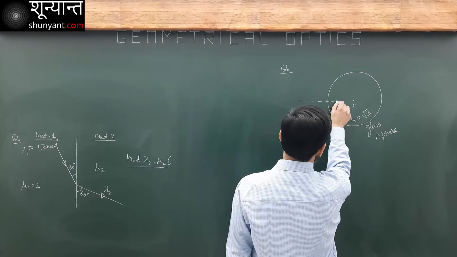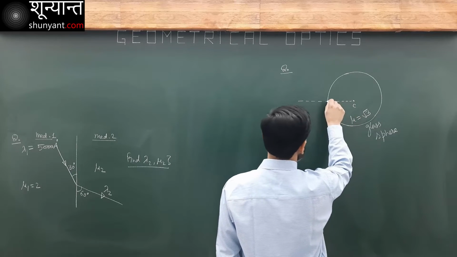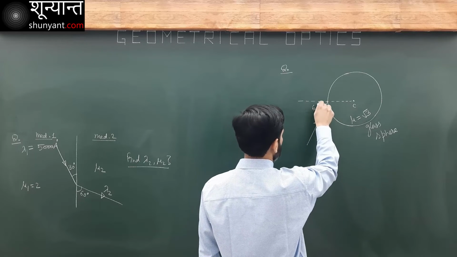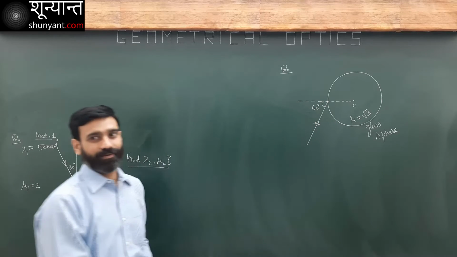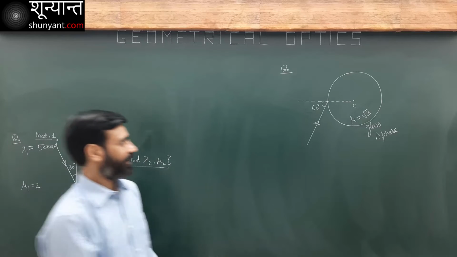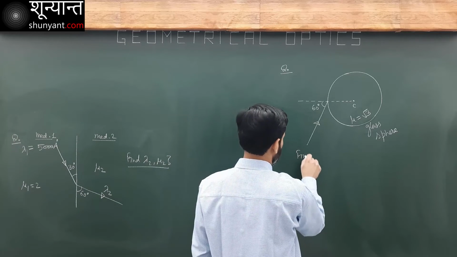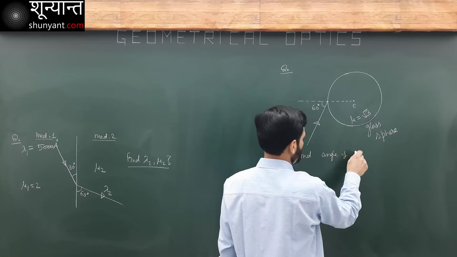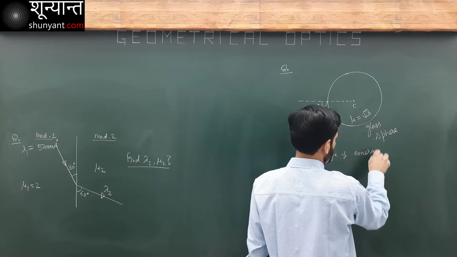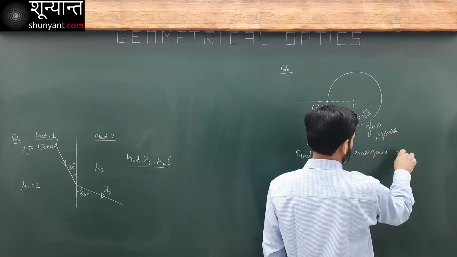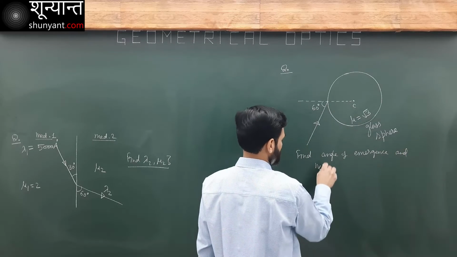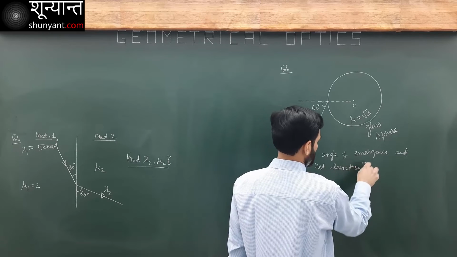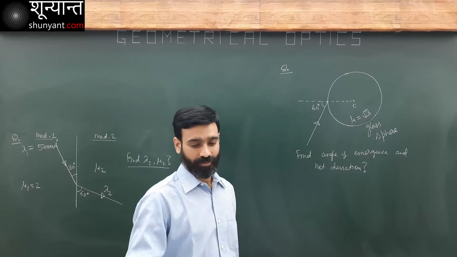You see, this is normal. Light is incident like this. This is 60 degree. Find the angle of emergence and net deviation. Note down these two problems.